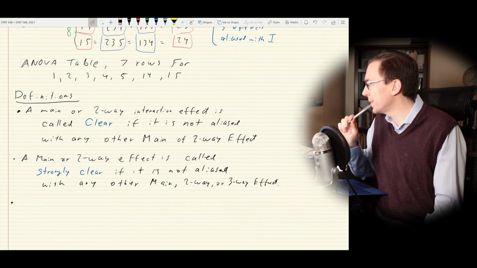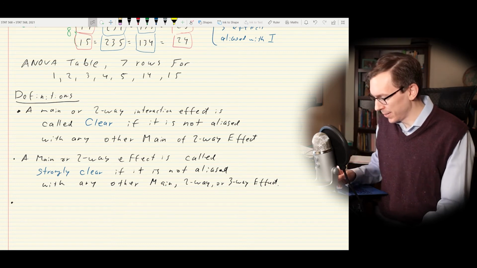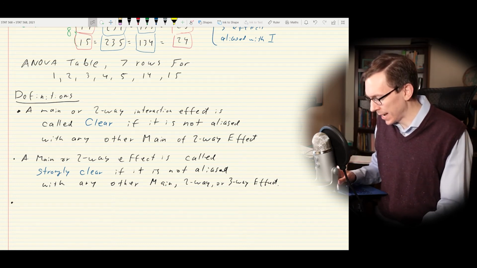See, I am using 2 to the Q in this part of my notes. So I'm going to say that just to write it all down again.